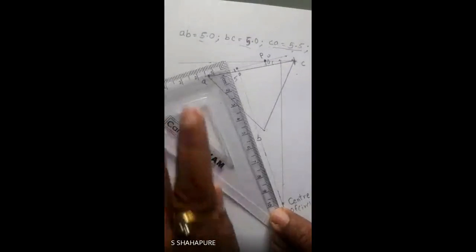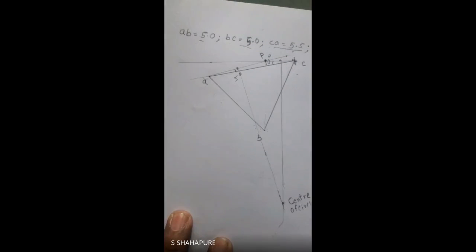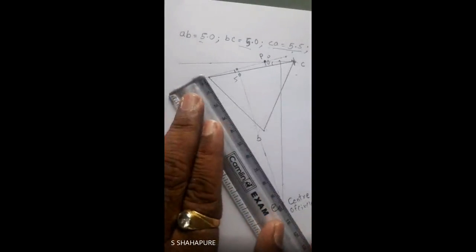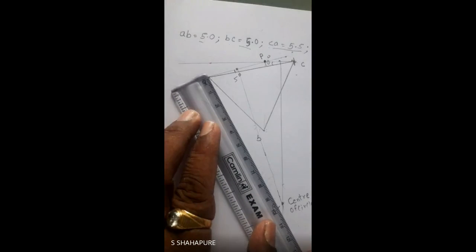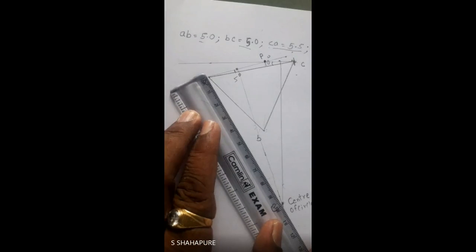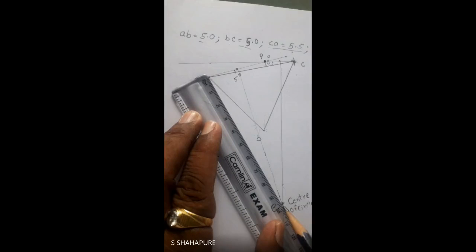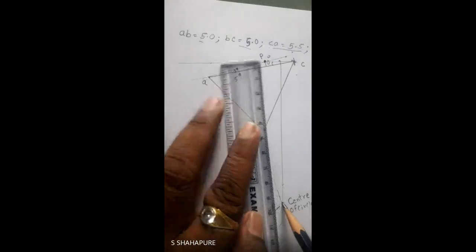If I call the center E point, then this AE is around 9.6.